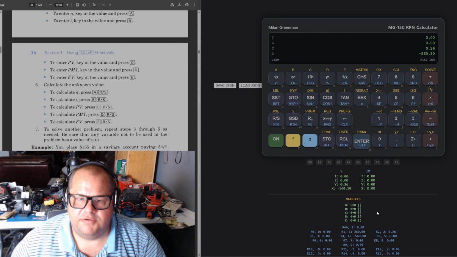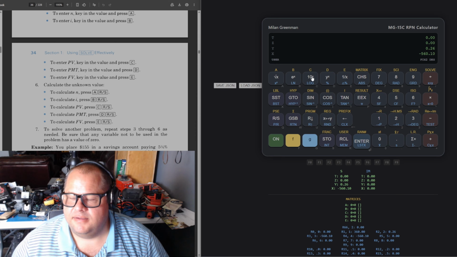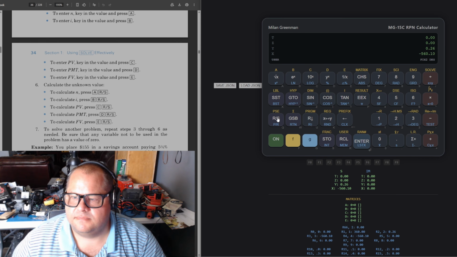The future value is 0, and we're going to calculate the present value or the initial value of the loan. So to do that, we press C. Now that loaded a value into memory register 3. However, the way the program is set up is we're going to press run stop, and then it's going to calculate the actual value there.